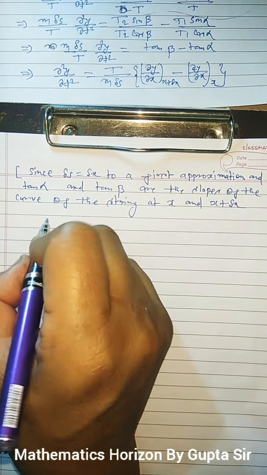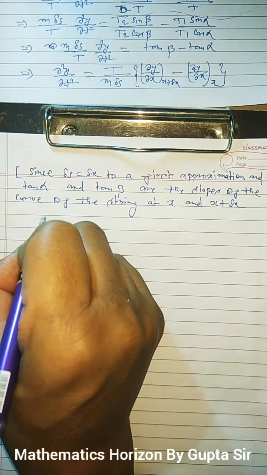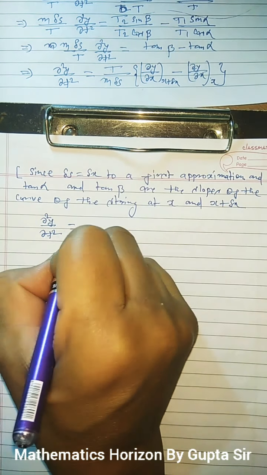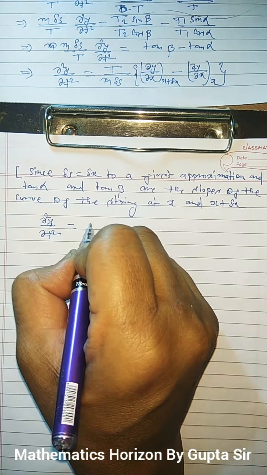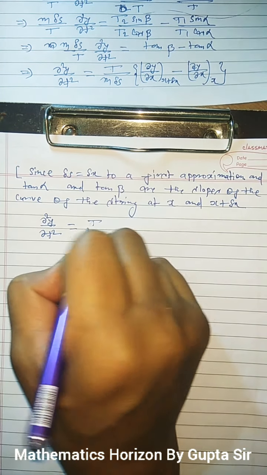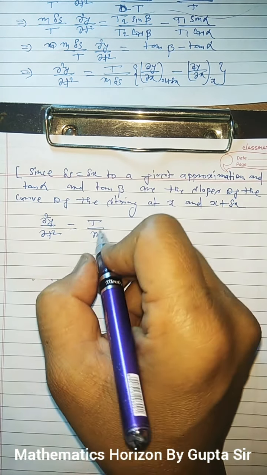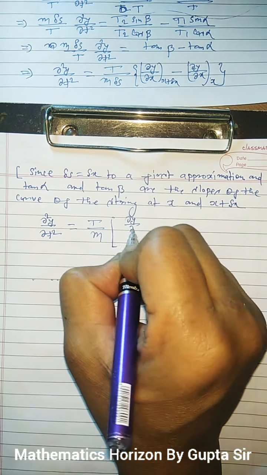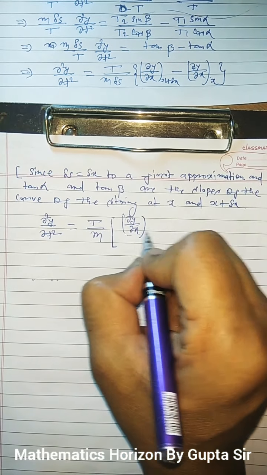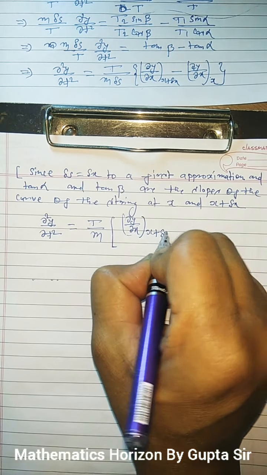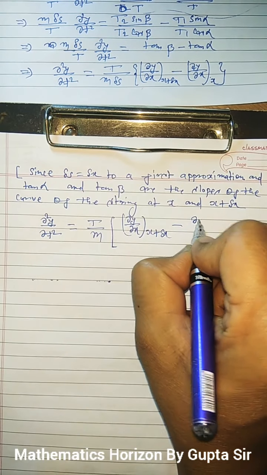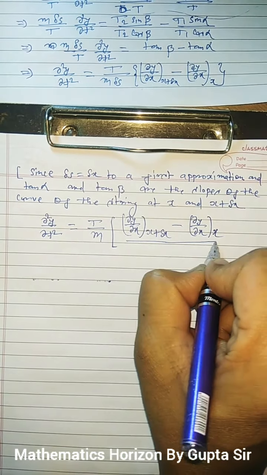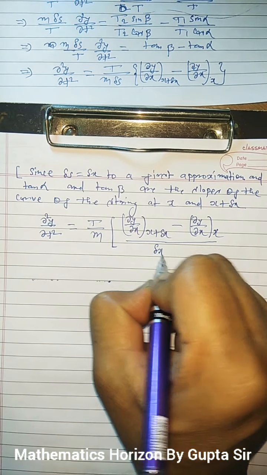Now from this equation, del square y upon del t square is equal to T upon m, and what we have here, we have del y upon del x at the point x plus del x minus del y upon del x at the point x upon del x.